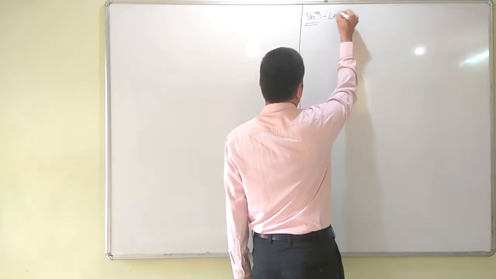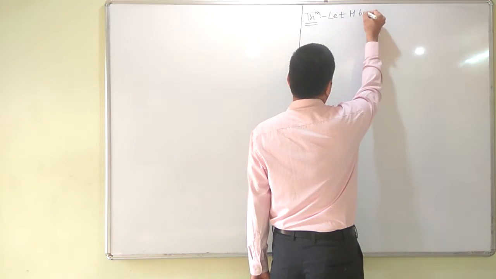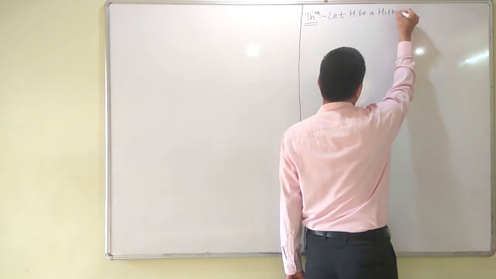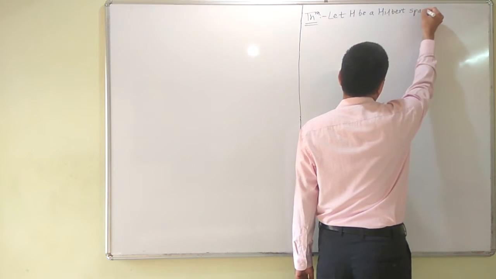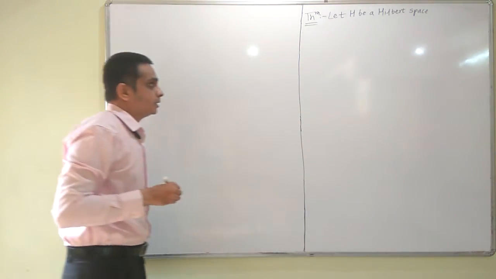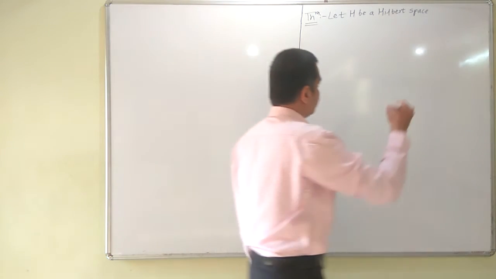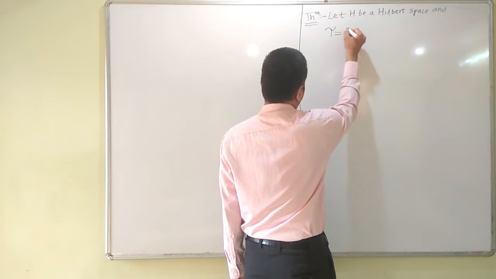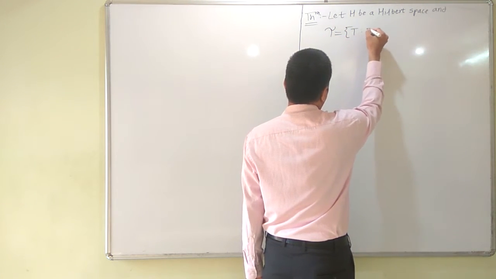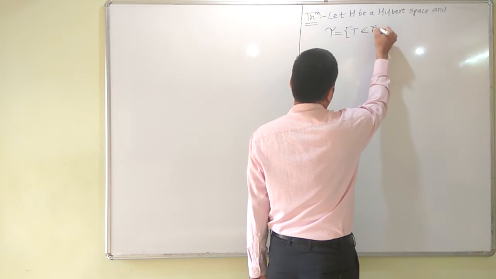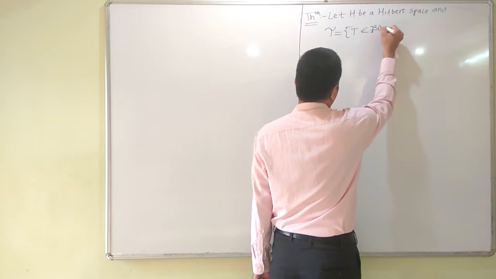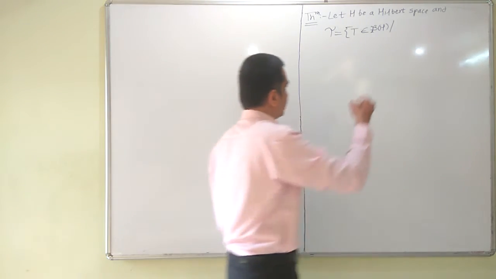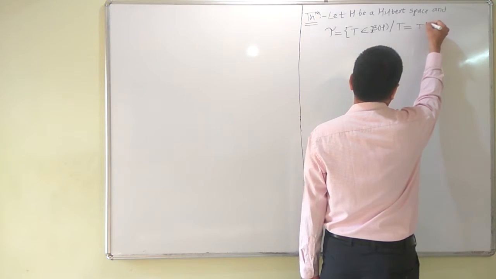Let H be a Hilbert space, and tau be the collection of all self-adjoint operators on H, that is, tau is equal to the set of all operators T. Operators means linear and bounded functions, or linear and continuous functions from H to H, such that T is equal to T star.